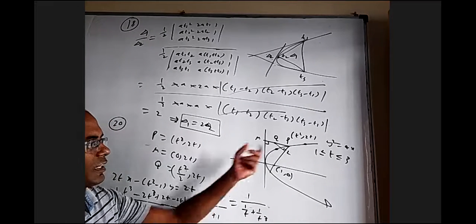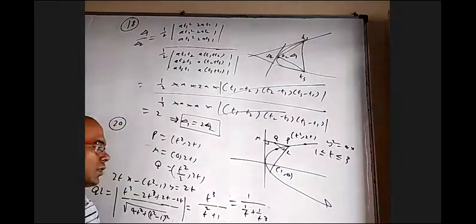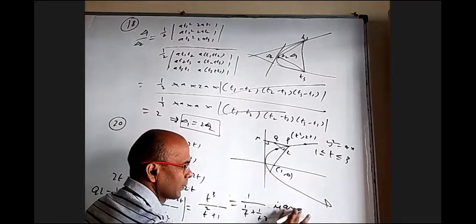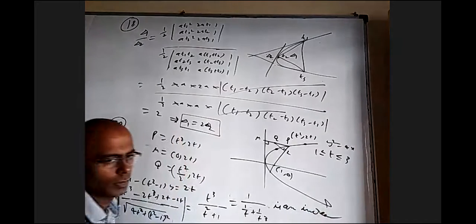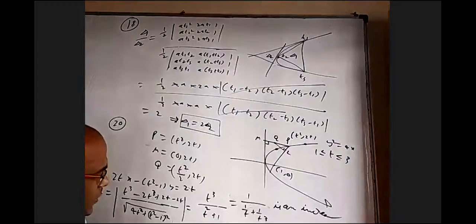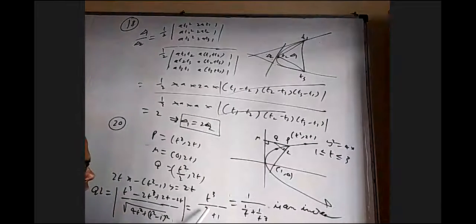If it is an increasing function, it will have its maximum value at 3 itself. There's nothing in between. So it is an increasing function, and the maximum value will happen at 3. Substitute 3 and we'll get it. When you substitute 3, it is 9 plus 1, 10, and this is 27, so 2.7.